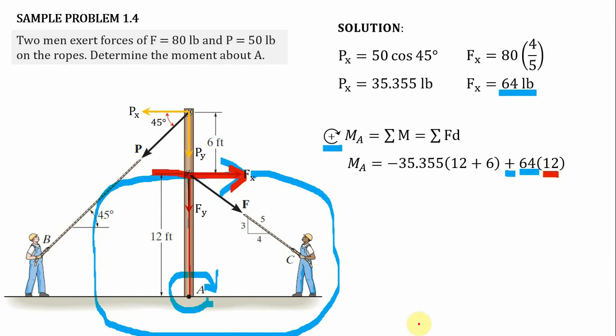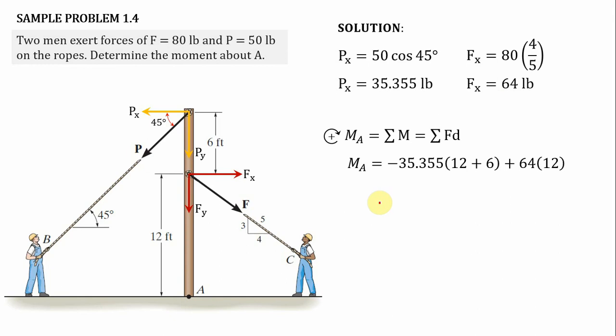Therefore, by computing this, the moment at A is equivalent to positive 131.61 pound-feet. Assumption natin is, kapag positive siya, is clockwise. So our final answer will be 131.61 pound-feet, clockwise.